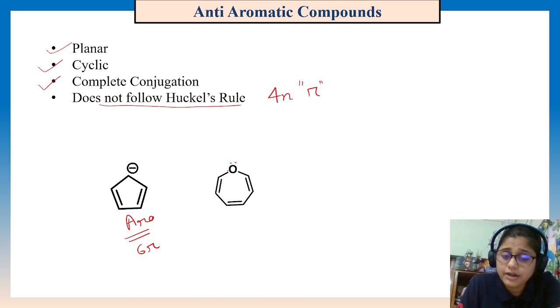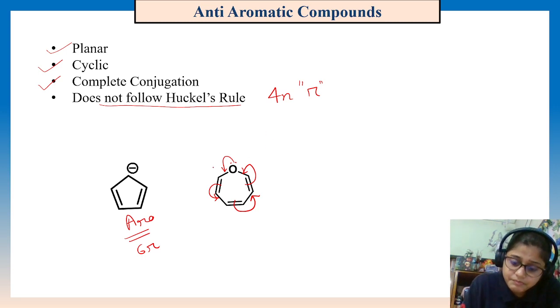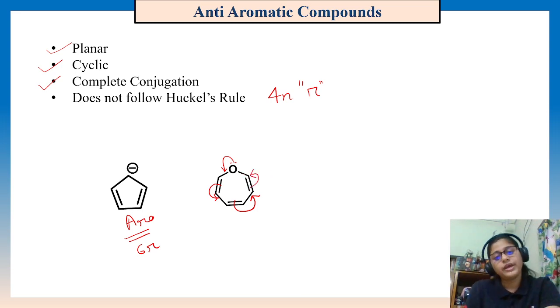We have to consider that also because it goes into conjugation. It goes to this, it goes to this, it goes like this, negative charge. So it is conjugated obviously, and the pi electrons of these lone pairs will be counted. The lone pair electrons will be counted in the number of pi electrons.